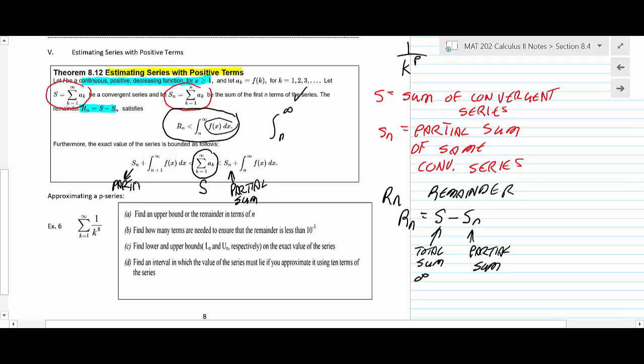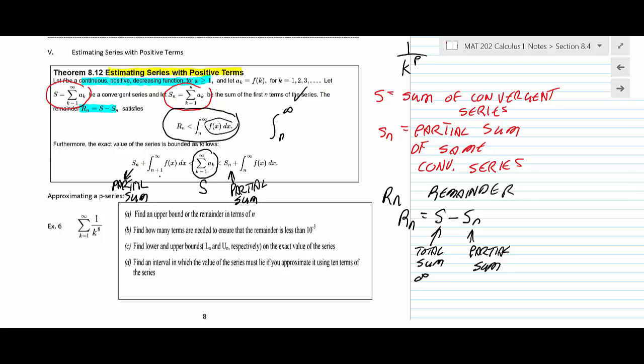You have to think about this a little bit. This is the partial sum right here, plus whatever this integral is from n to infinity, and then it's going to be greater than the integral from n plus 1 to infinity. That's pretty abstract, but it's not really that difficult to think about. This is the exact value of the sum of the series, so that's going to be bounded by the partial sum plus that integral right there.